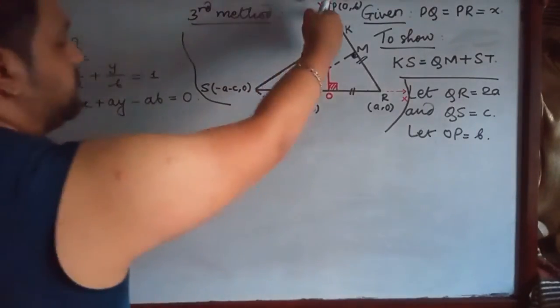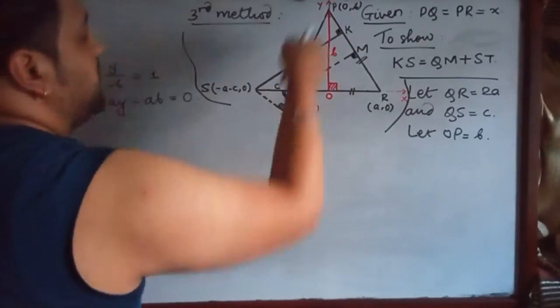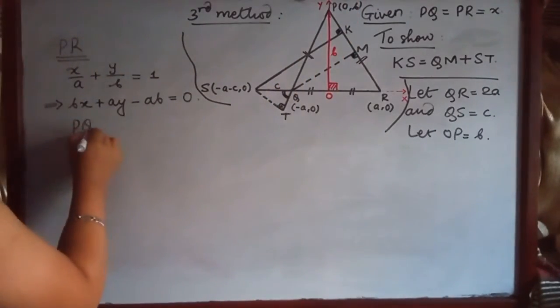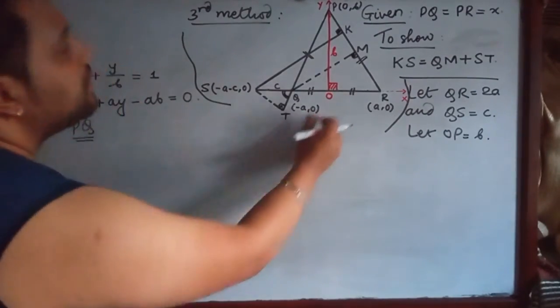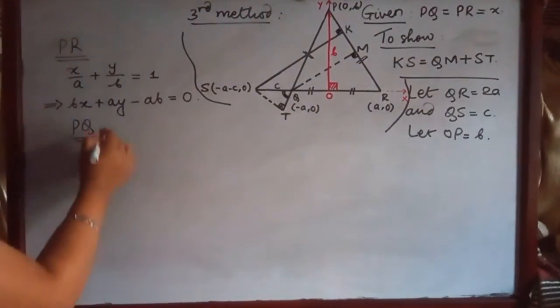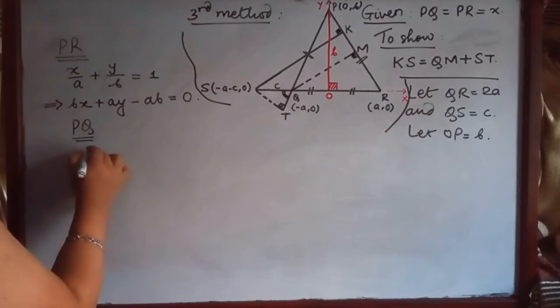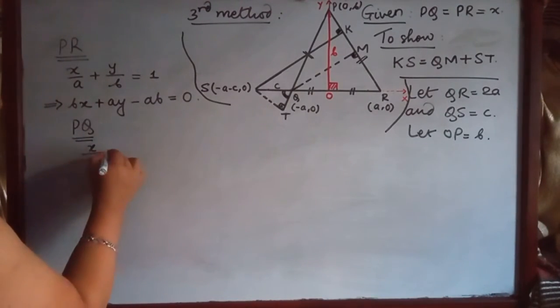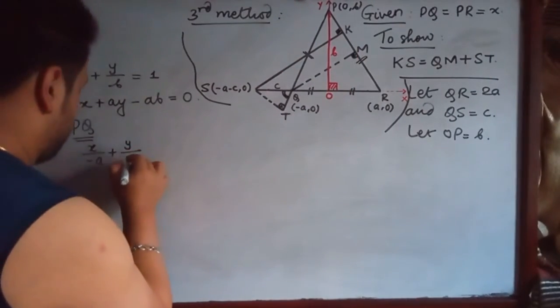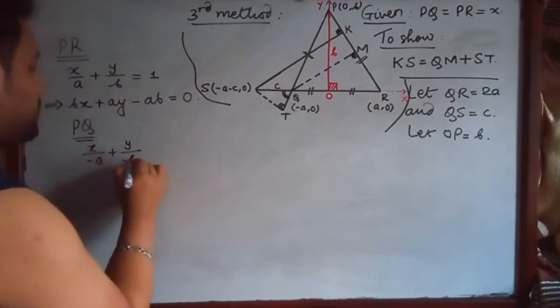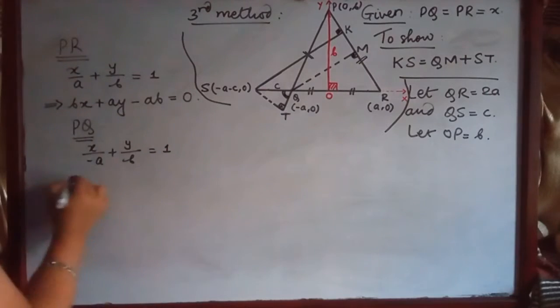Let's find the equation of PQ. We see that it passes through (-a, 0) and (0, b). So the equation of PQ is x/(-a) + y/b = 1.